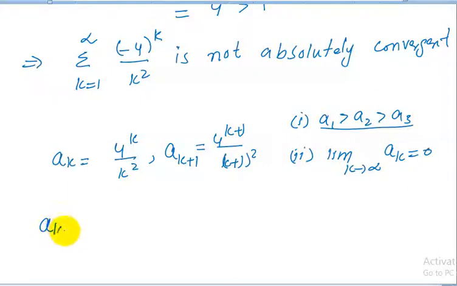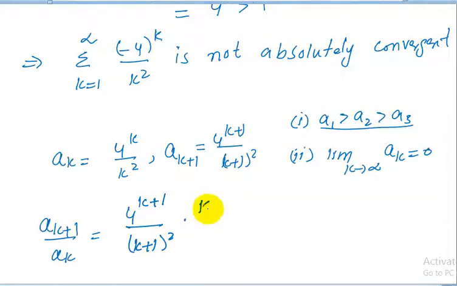So a_(k+1) upon a_k is equal to 4^(k+1) upon (k+1) whole square, and a_k is equal to 4^k upon k square, so I write it as k square upon 4^k.